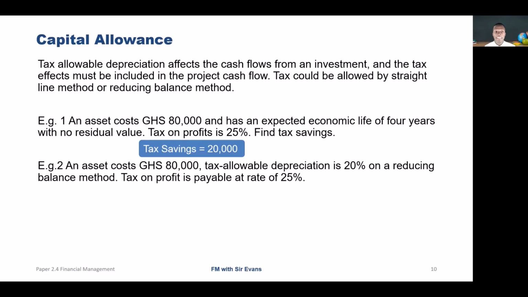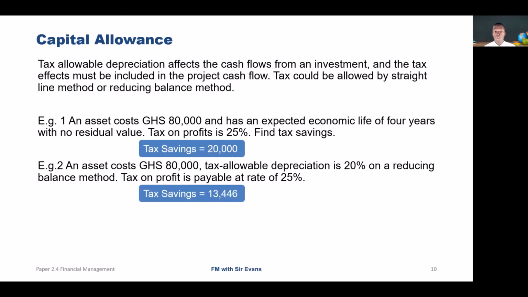And the second one: an asset costs 80,000, and tax allowable depreciation is 20% on a reducing balance method. With the reducing balance method, at the end of the first year you depreciate it, then in the second year you find the net book value, which is your cost minus the prior year's accumulated depreciation, and then you find the tax savings on that.